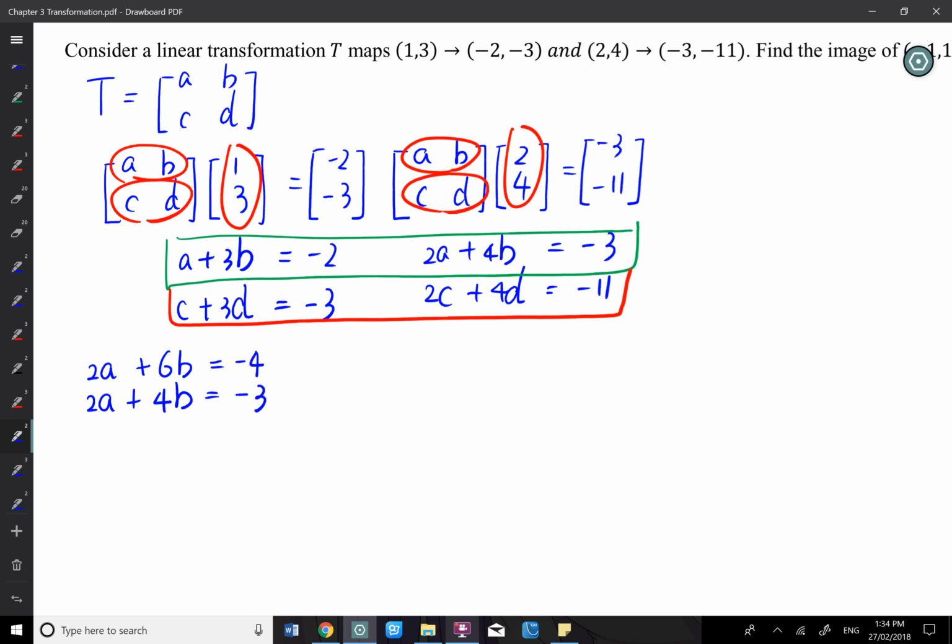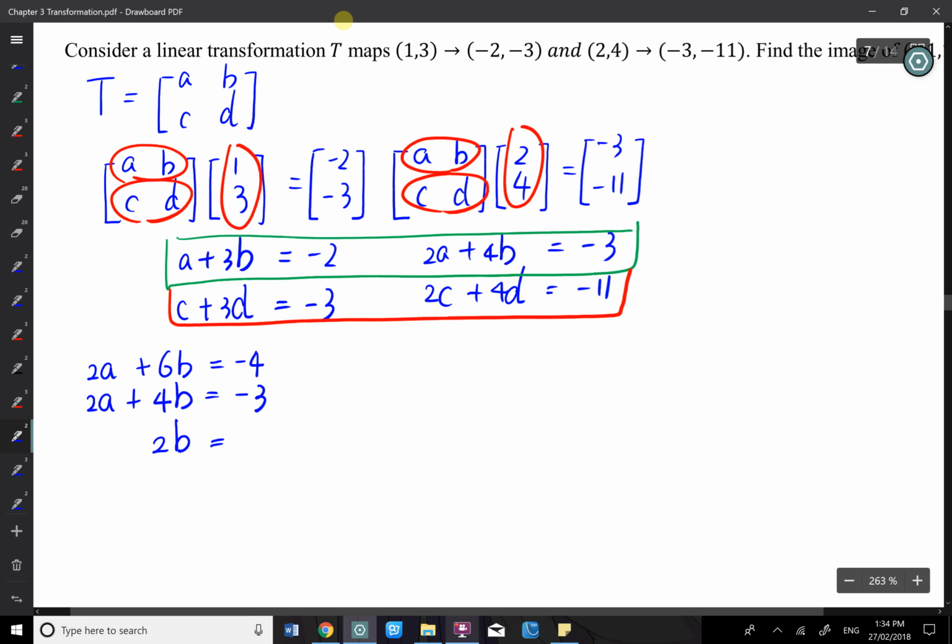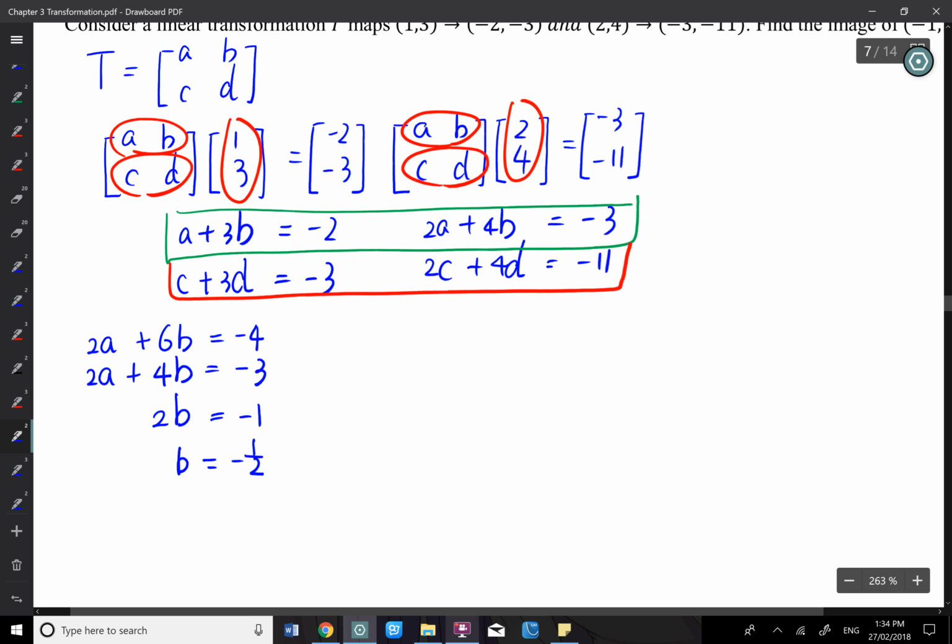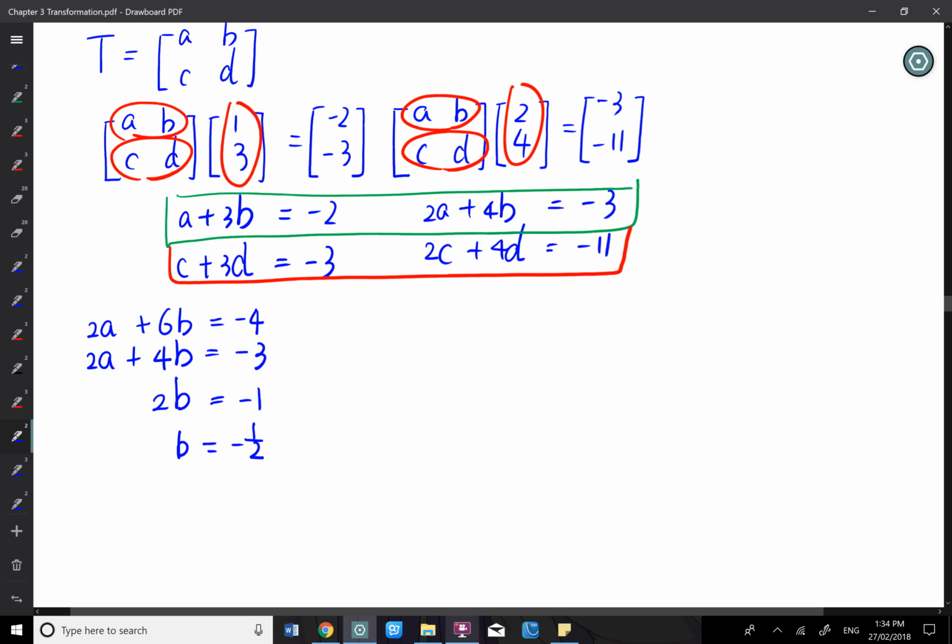You want to subtract between those. That will be 2B equals -1, so B equals -1/2. So A equals -2 minus 3 times -1/2. A will be -1/2 as well.